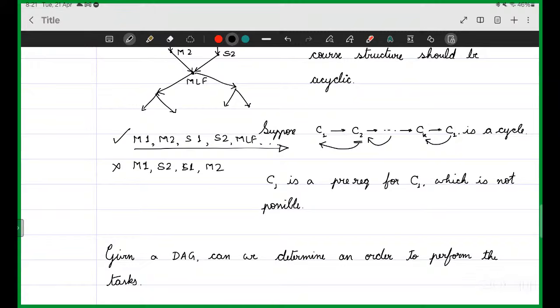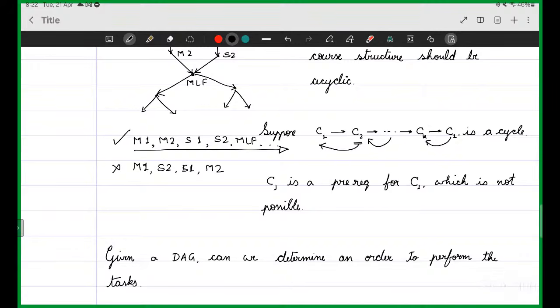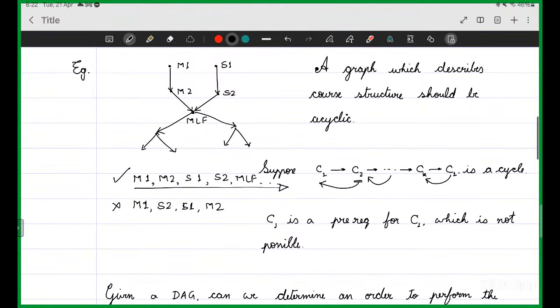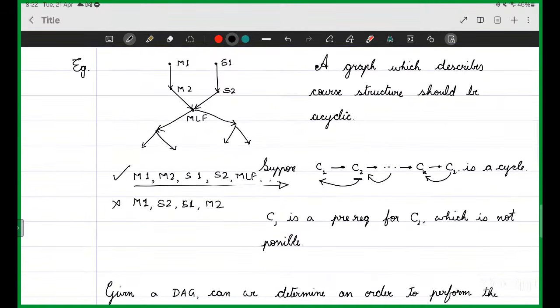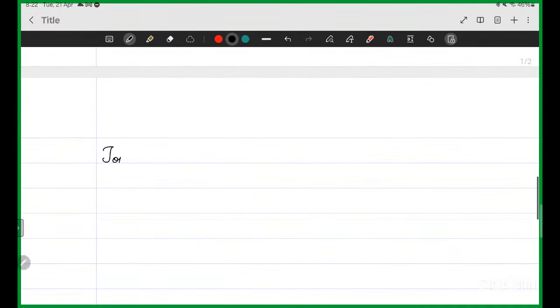So how can I come up with an order such that I can get the task done properly, meaning the prerequisites are completed before the things that they are prerequisites for. So this is what is called topological sort, topological sorting for directed acyclic graphs.